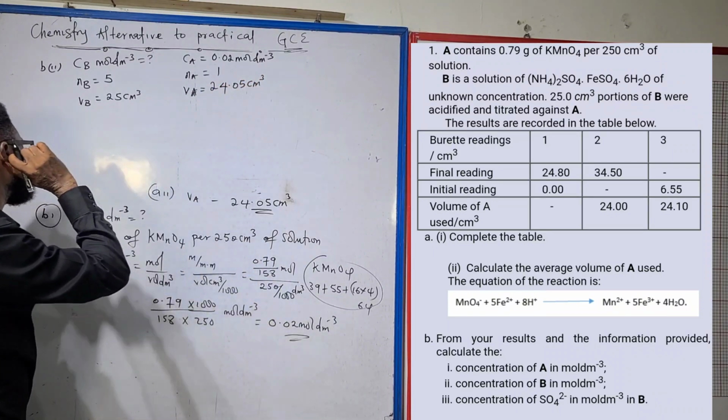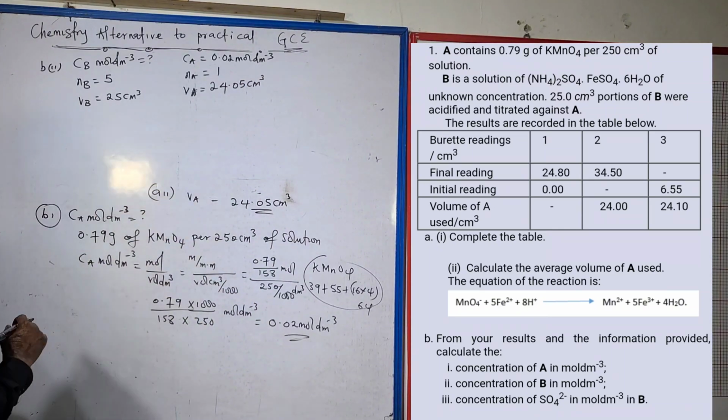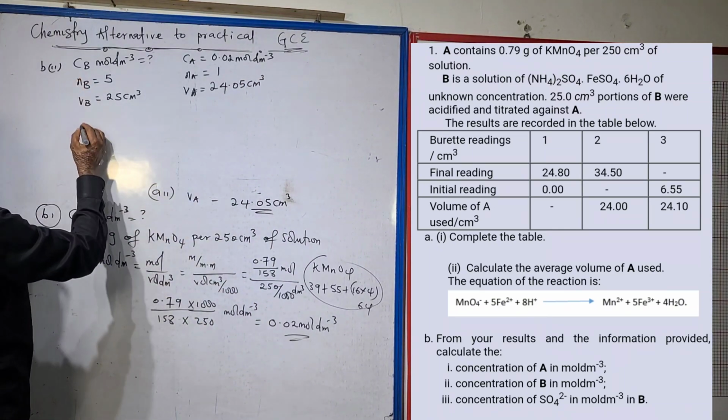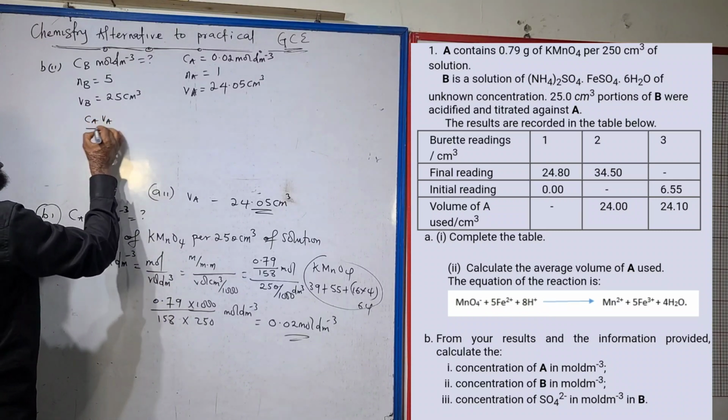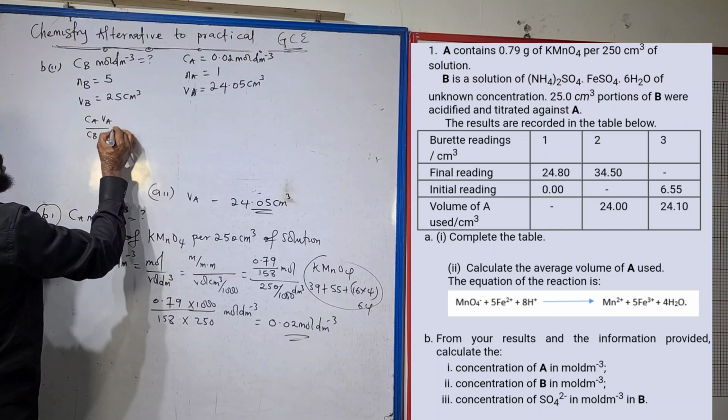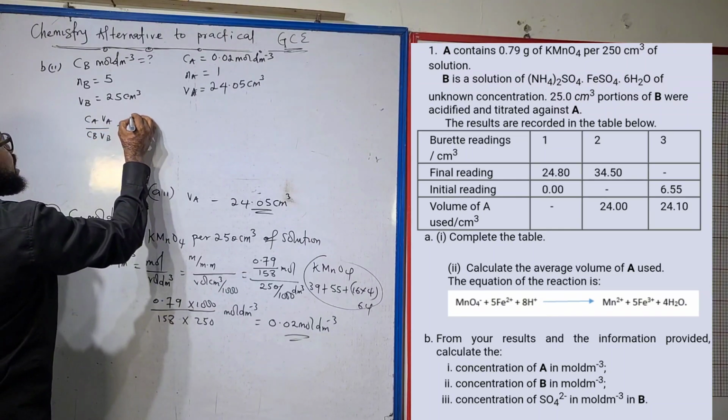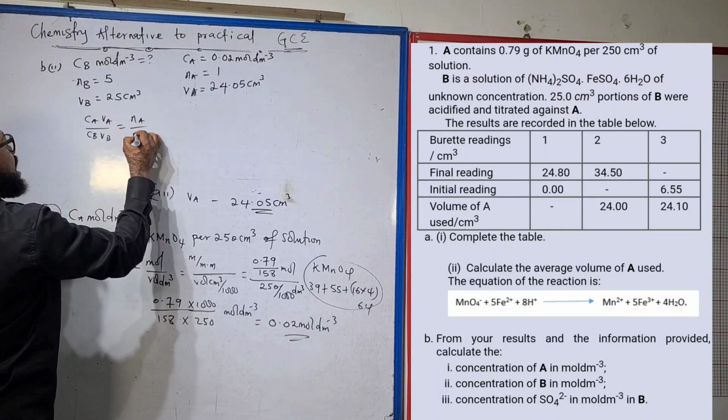With this, using my Ca, I will be able to calculate my Cb. Using Ca Va over Cb Vb, that will be equal to Na over Nb.